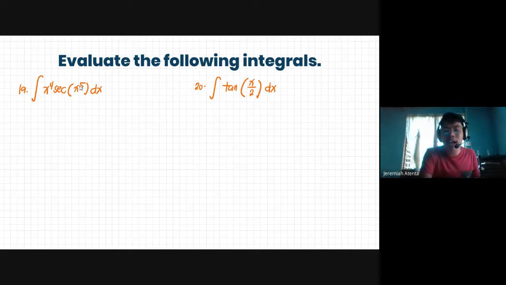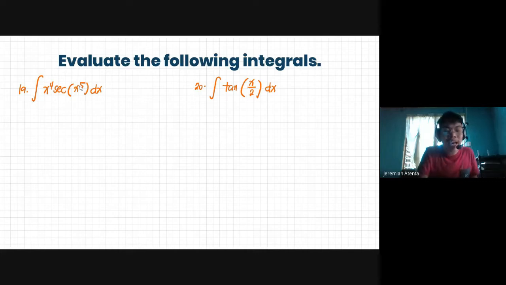So what is the derivative of x to the power of 4? That is 4x cubed. Do you see it in our integral? Right, there isn't. Now, what if x to the power of 5 is what we make u? What is the derivative of x to the power of 5? That is 5x to the power of 4.